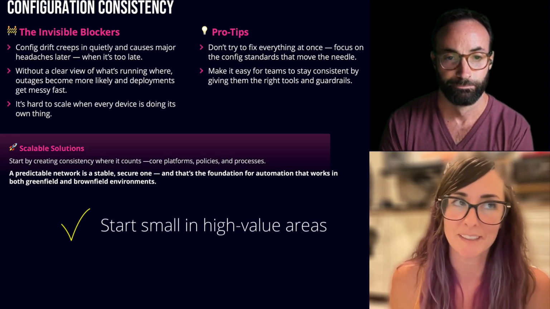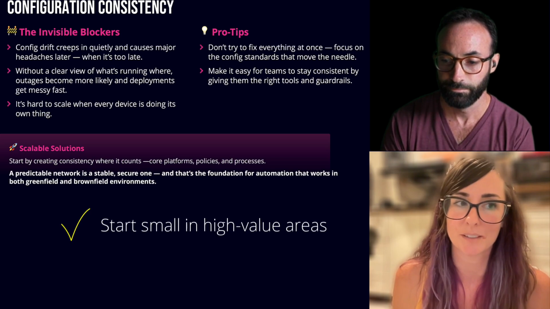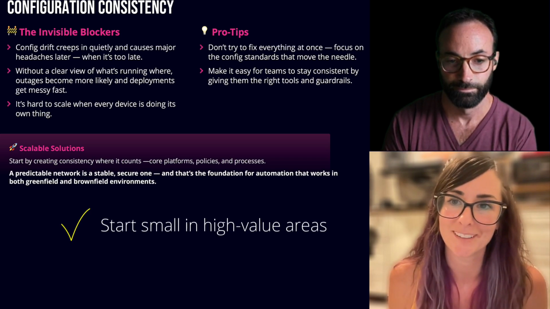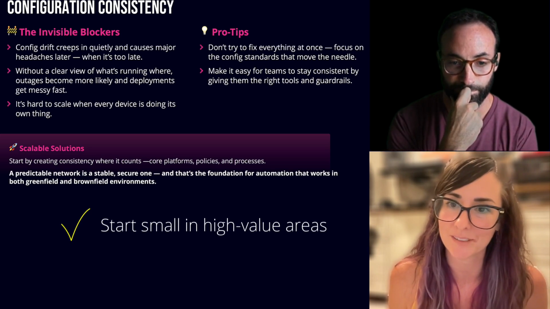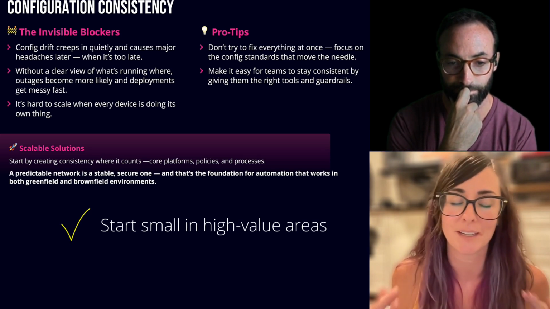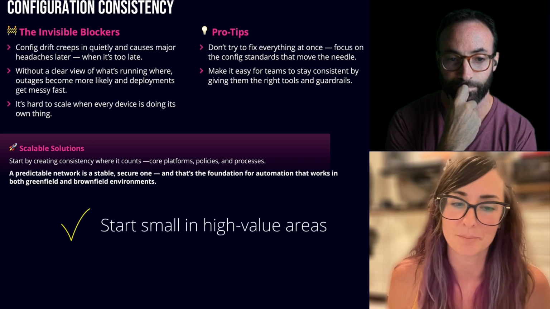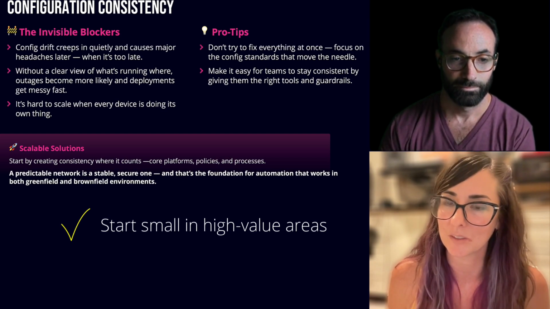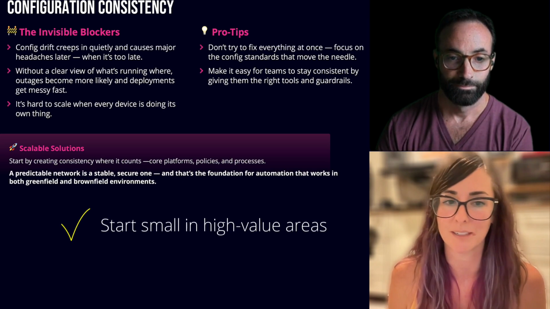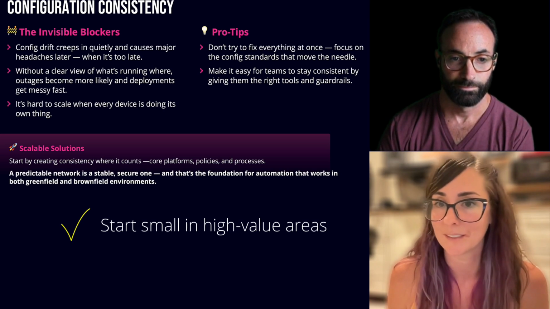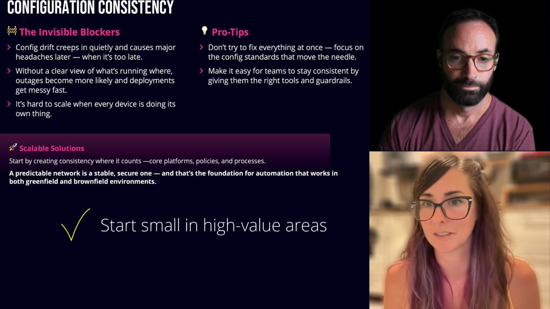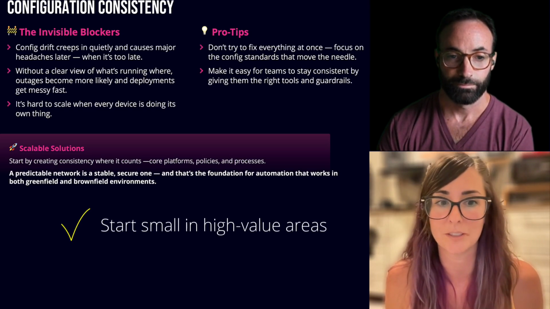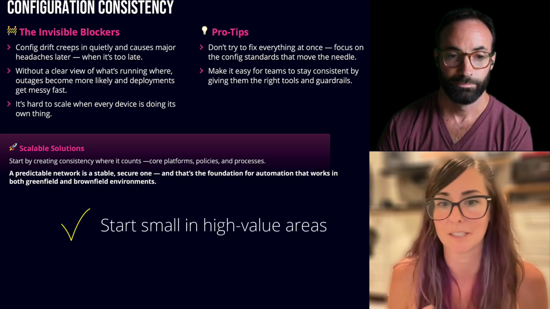Mm-hmm. I think what we've been seeing with customers is that it's really tempting to want to do the big project first because it's going to give you a ton of ROI. But it's so important to sprinkle in some quick wins and small iterations so that it doesn't take 8 months to a year just to see some ROI on all the effort that you've put into the config consistency goal.